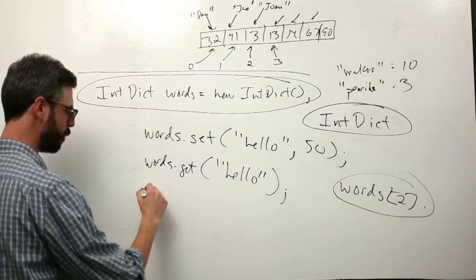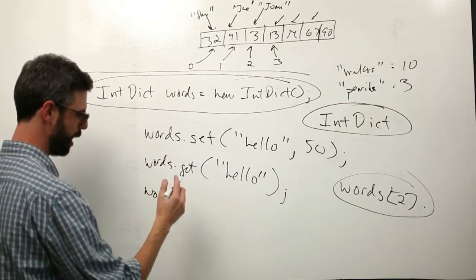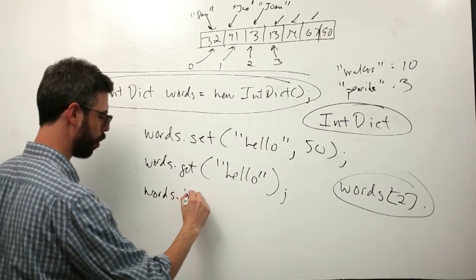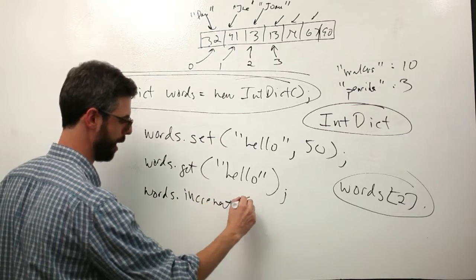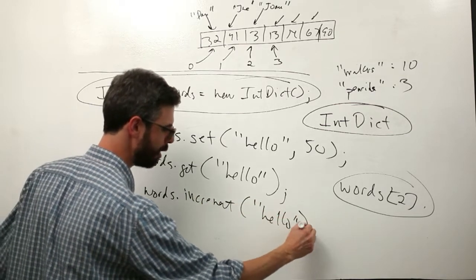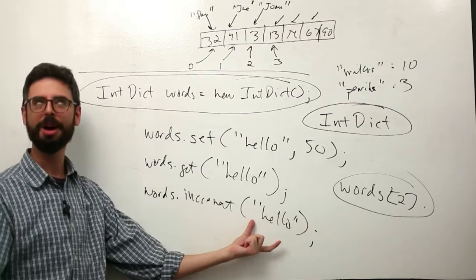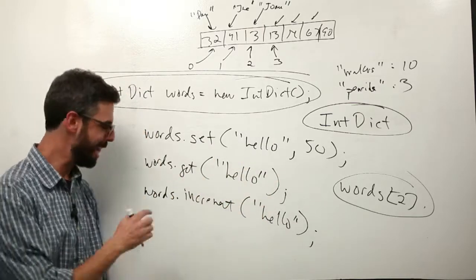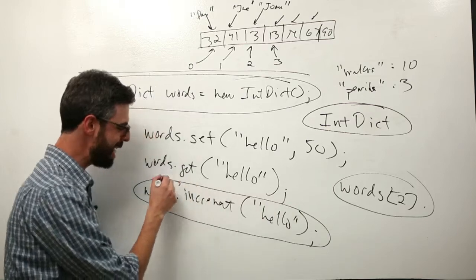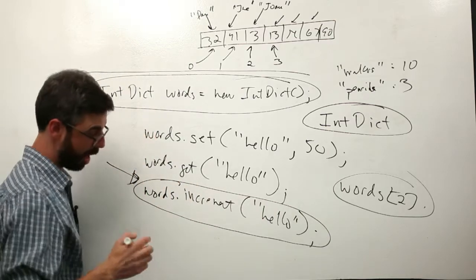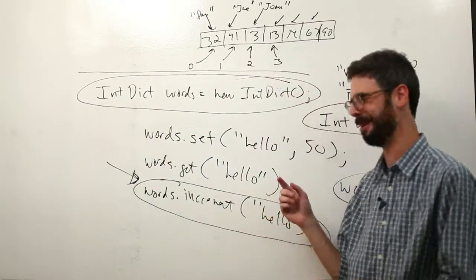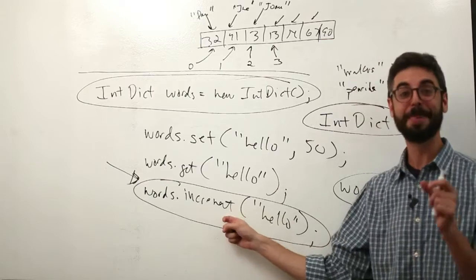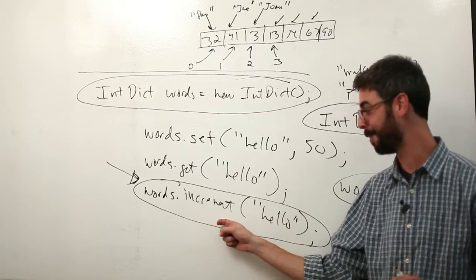There's also a function which is going to be very useful in this particular example, which is just words.increment. So if I say words.increment hello, whatever the value of hello is, increase it by 1. And this is the key piece that we'll use to build this word counting example.